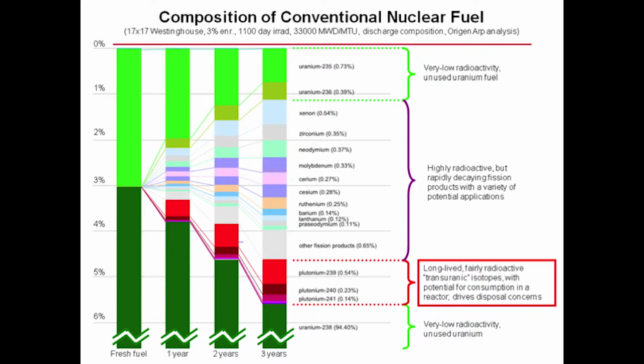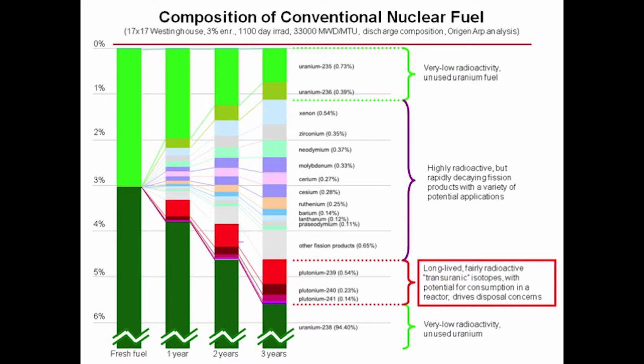Now, after the 3 years of irradiation, you still have about 1% of uranium-235 and 236, and another 94% or so of uranium-238. So in total, about 95% of the material you have is still uranium.